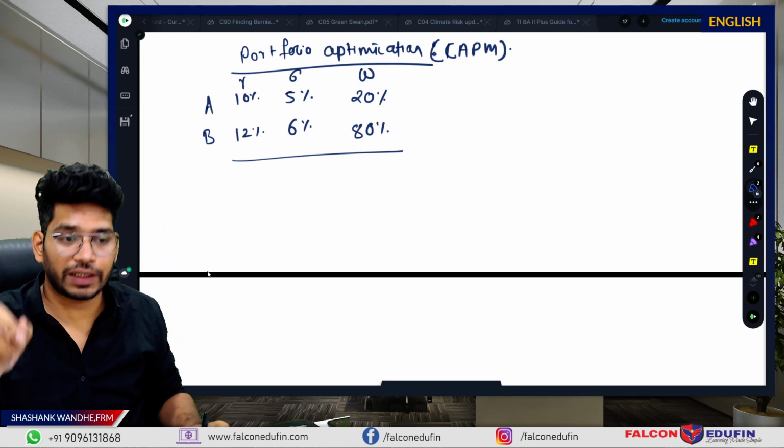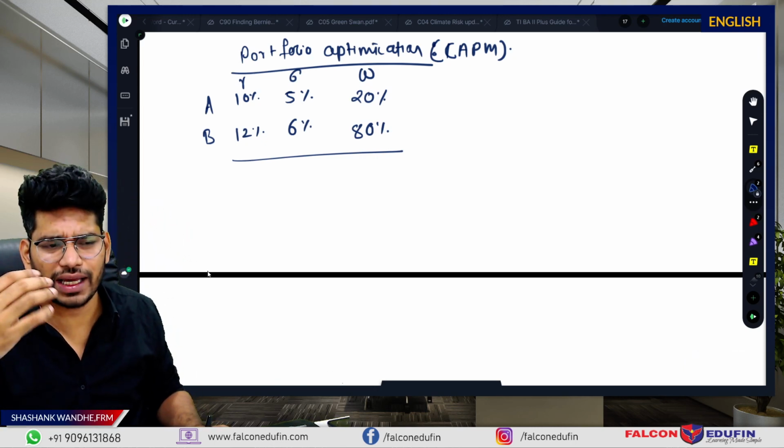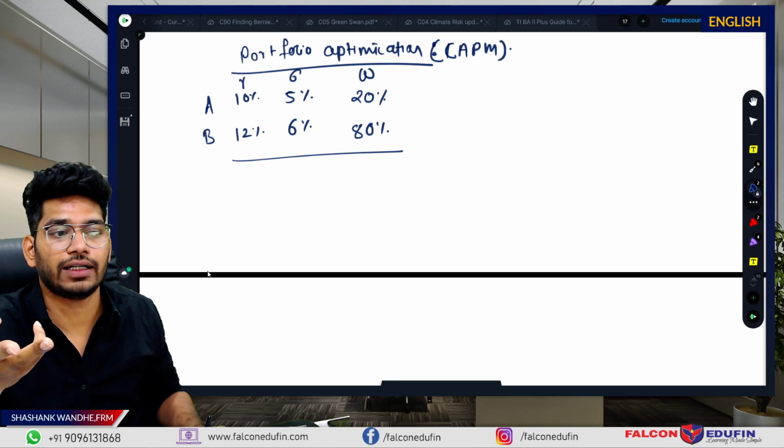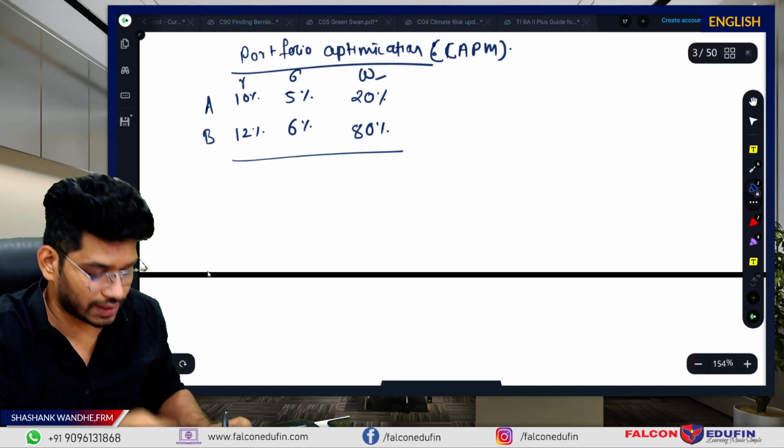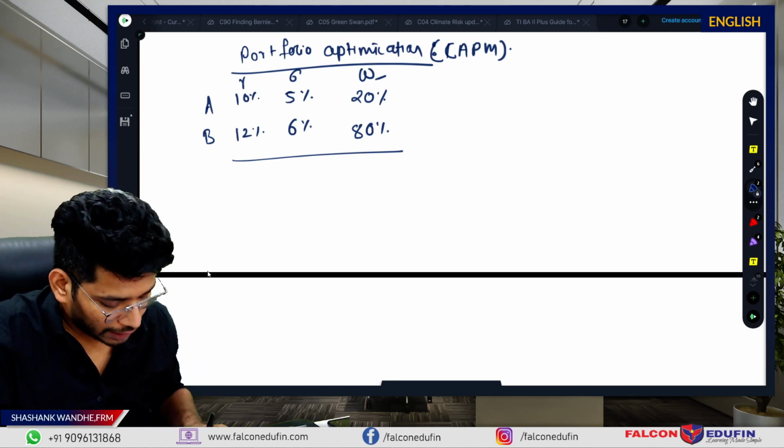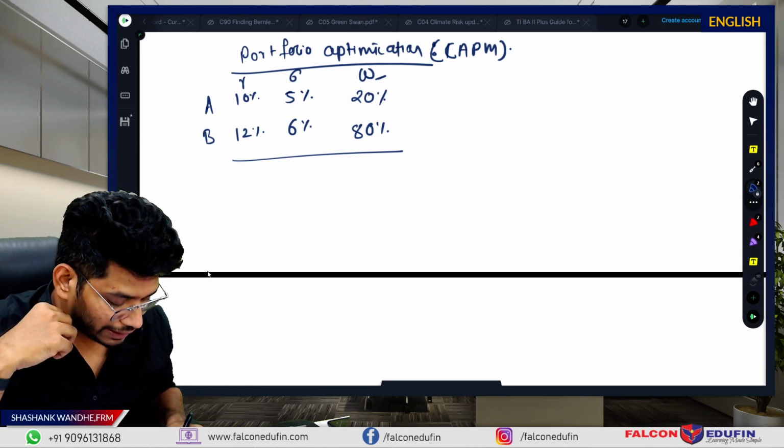So you are provided with the mean return, standard deviation, and the weight. First of all, how do we calculate the return of the portfolio?